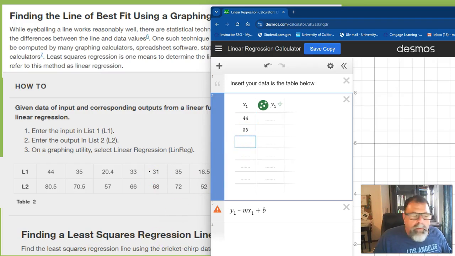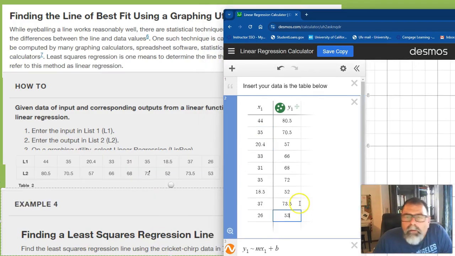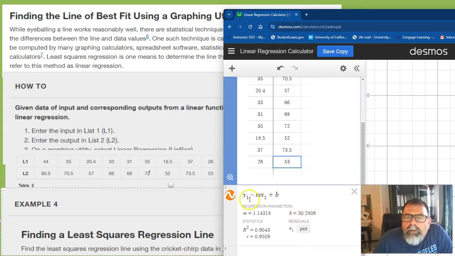I'll type it all in and come back. Okay, everything is entered, and then you can see here Y1 is about mx plus b, so m is 1.14 and b is 30.